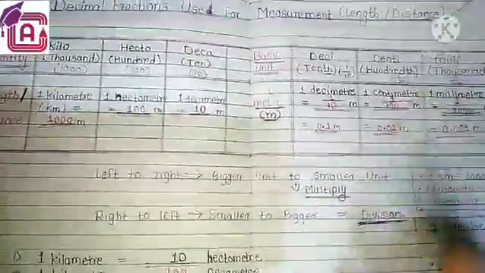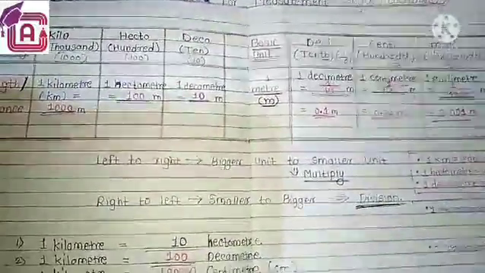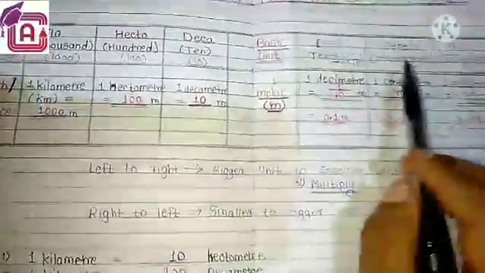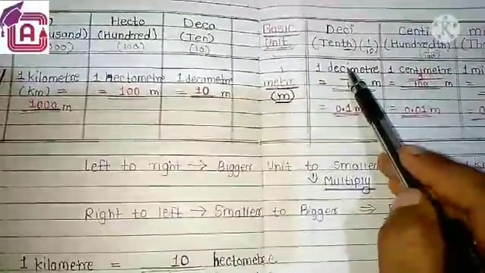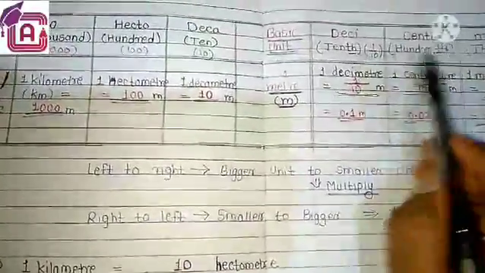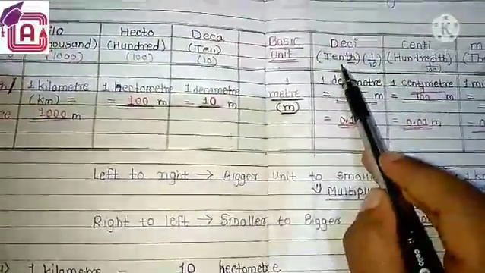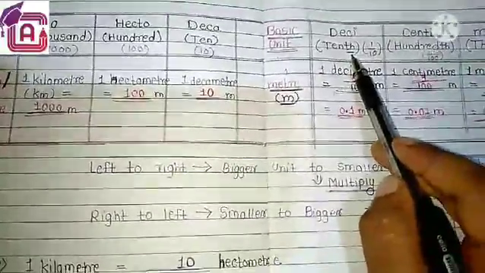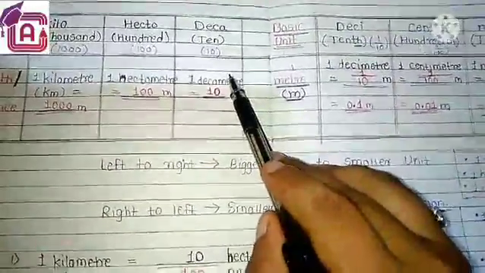So centimeter is where? Yes, when we are going from right to left, and decameter. Now decameter is present at which place? See how many places from centi is deca: first, second and third place. 1, 2 and 3.